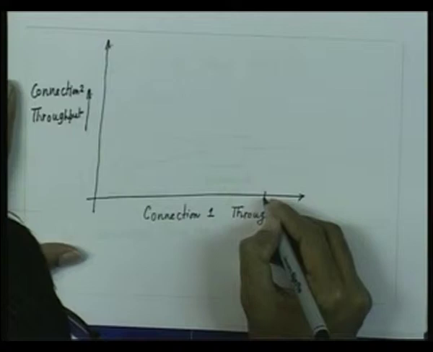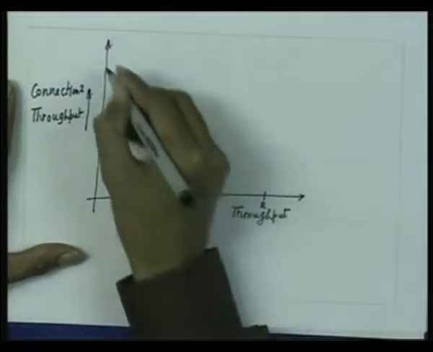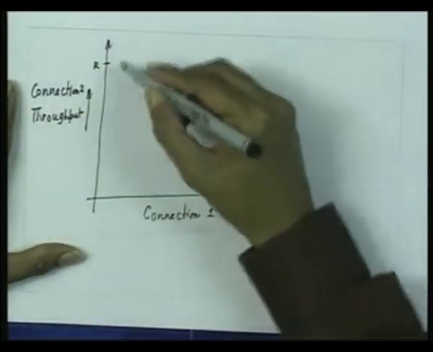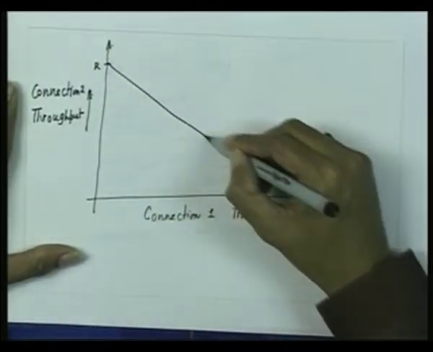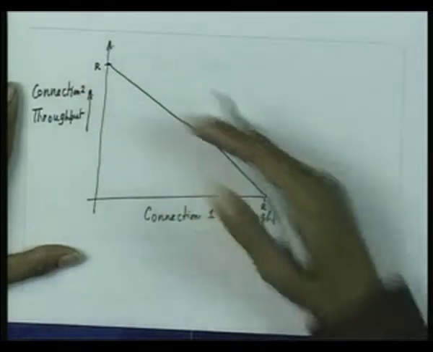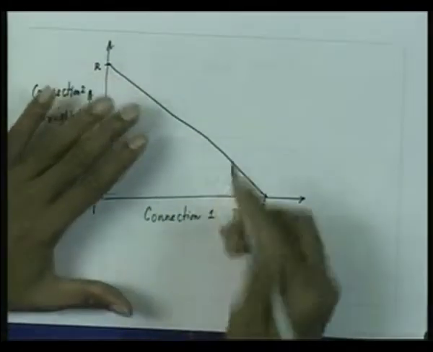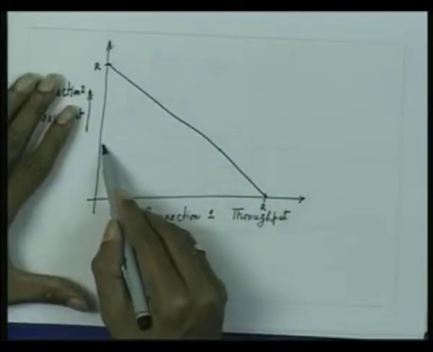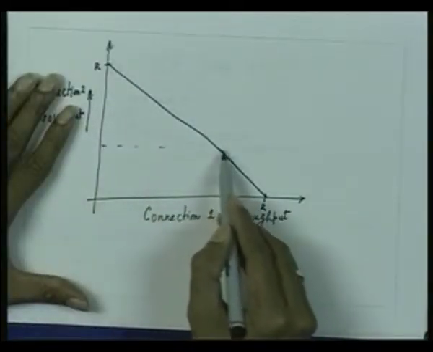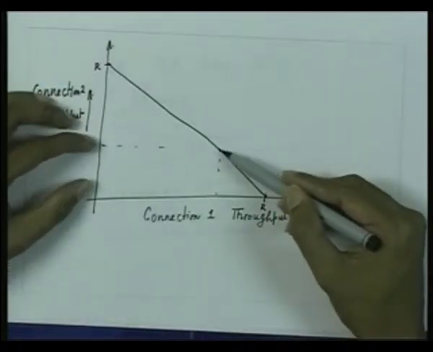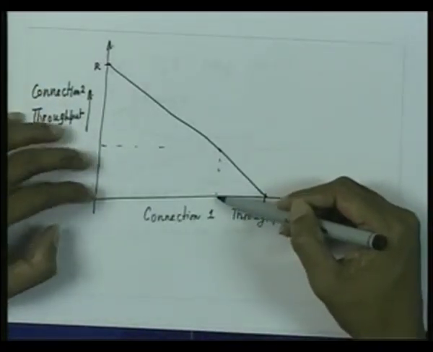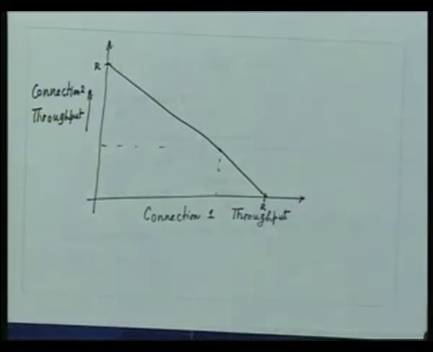Now if you plot this line RR, since R is the output link rate, and if I plot this straight line, then any point you take on this line, let us say this point, clearly here connection 1 is getting higher throughput than connection 2, but the sum of the two throughputs is R.